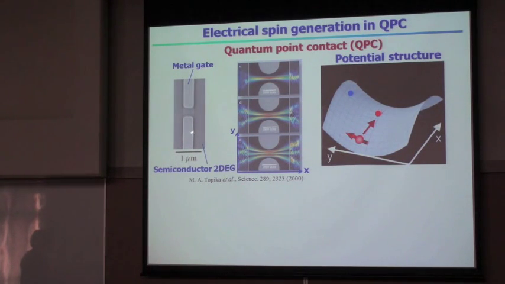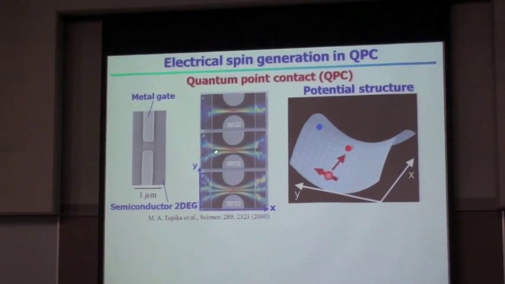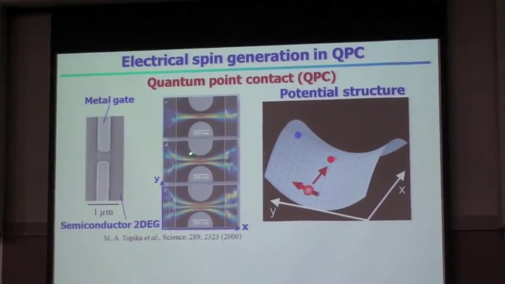And when we apply the negative bias voltage here, then electrons start to deplete in this region, and we can make a pure one-dimensional channel here. And when this lateral confinement is strong enough, then we can generate such a quantized conductance channel. For example, this is a single channel here, and this is a two channel in between here.